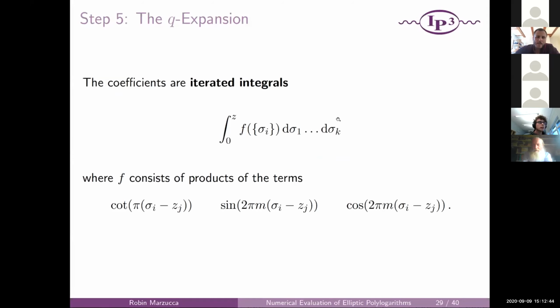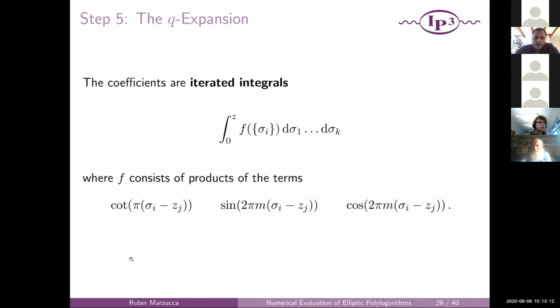Now, what do these coefficients look like? Obviously, they're also going to be iterated integrals, and they're going to be iterated integrals of this form. So we have this function f here, which consists of these trigonometric functions, which are exactly the functions we've seen in the Q expansion of the Kronecker-Eisenstein coefficients.